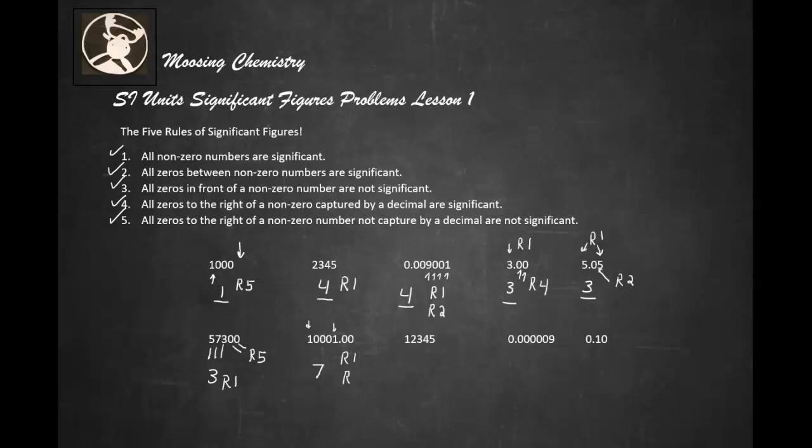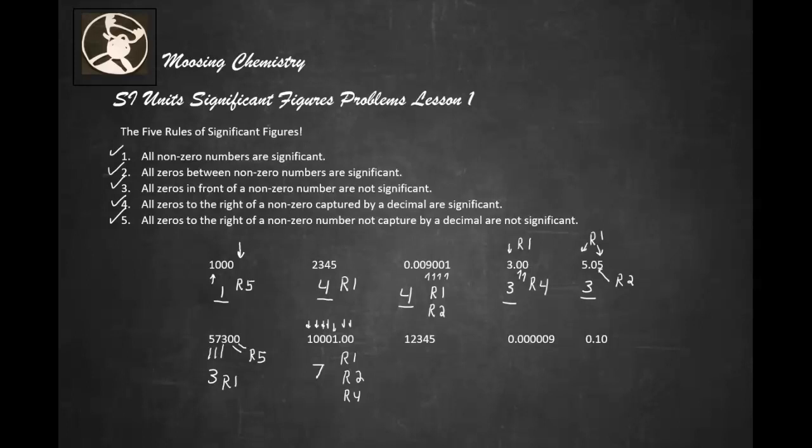Rule number 2 says that all zeros between non-zero numbers are significant. So these 3 zeros are significant because of rule number 2. And then rule number 4 says that these 2 zeros are significant because all zeros to the right of a non-zero number captured by a decimal are significant. So they are definitely significant.